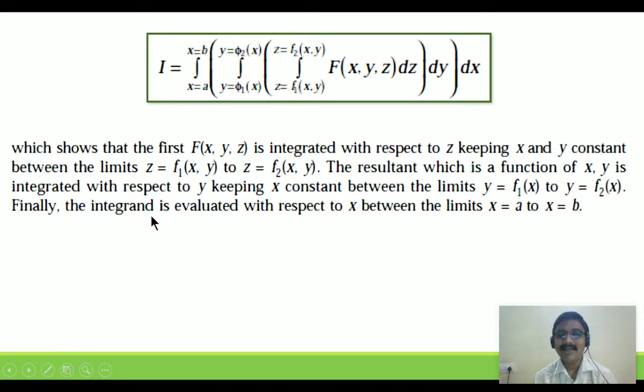Finally, the integrand is evaluated with respect to x. Thus, the triple integration finally becomes a single integration, which is evaluated with respect to x under the limits x equal to a to x equal to b.